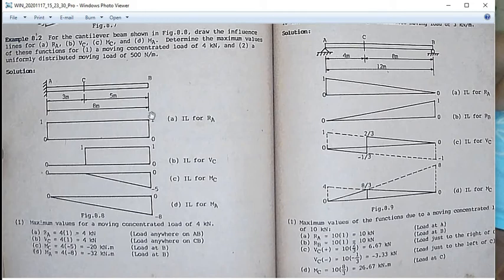Tapos, kapag influence line, you always put a unit load at the point where it will cause a maximum shear and maximum moment for a cantilever beam. In this case, dun sa dulo, which is the free end, point B. Okay, so uniform horizontal line lang yan, which is this.